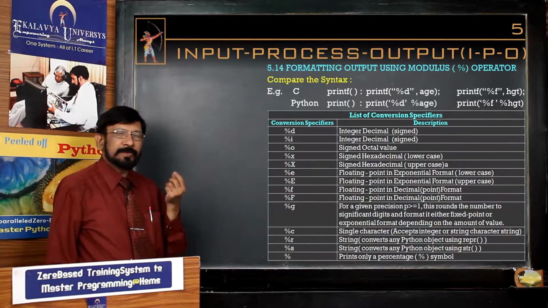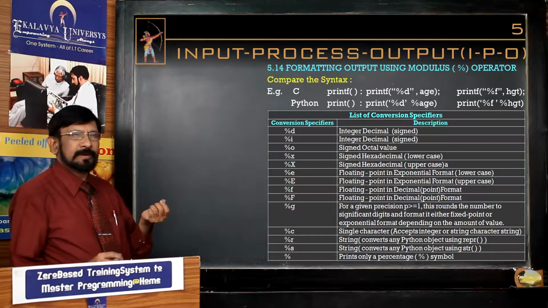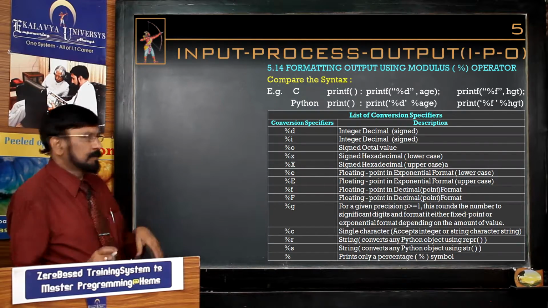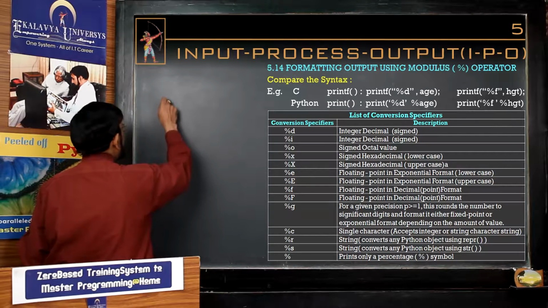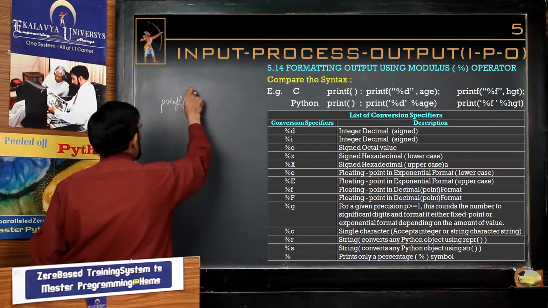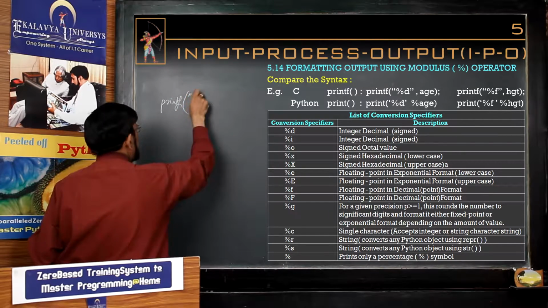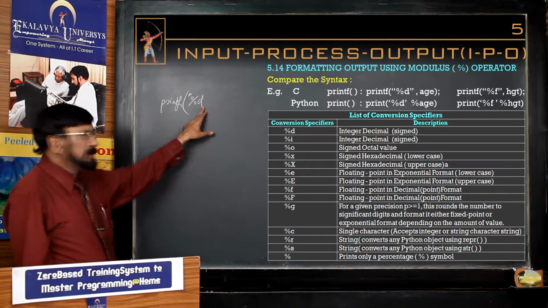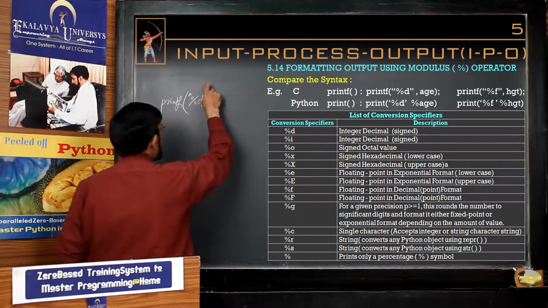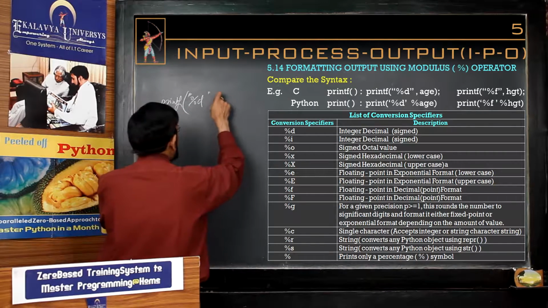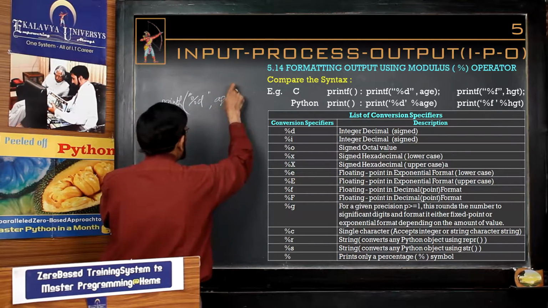Suppose an age variable is defined in C. Then obviously you write printf, and age, assume it is an integer, normally age means integer, and this is a control string. Thereafter we write age.